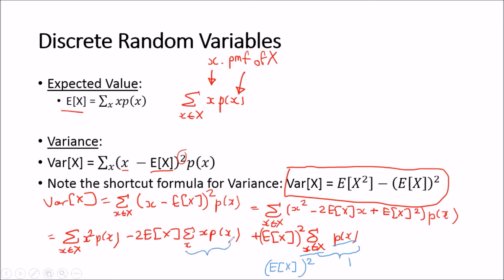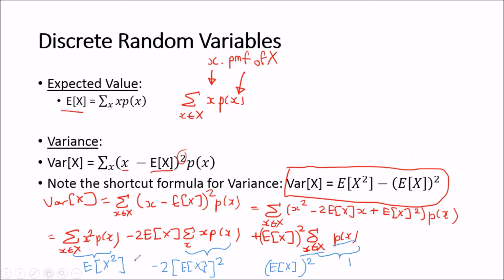This summation over here is just the definition of the expected value. So we have negative 2 times the square of the expected value of x. And over here, the summation of x squared p of x is simply the definition of the expected value of x squared.